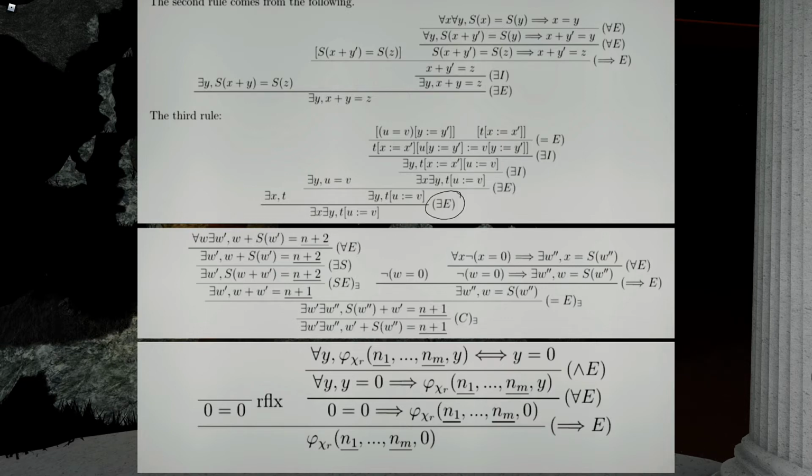Wait, hold up. This is an invalid existential elimination. Or is it? What is this rule? Sorry, let me get my notes. Right. Okay. Let me remind us what we're trying to prove.